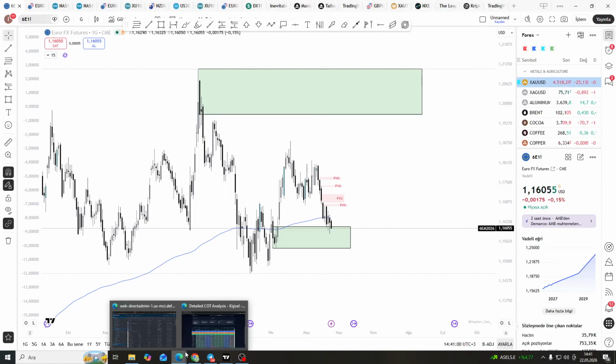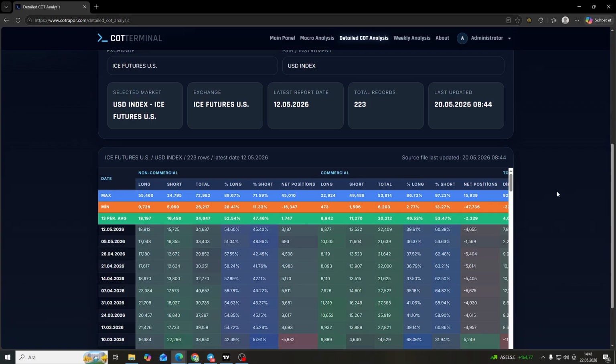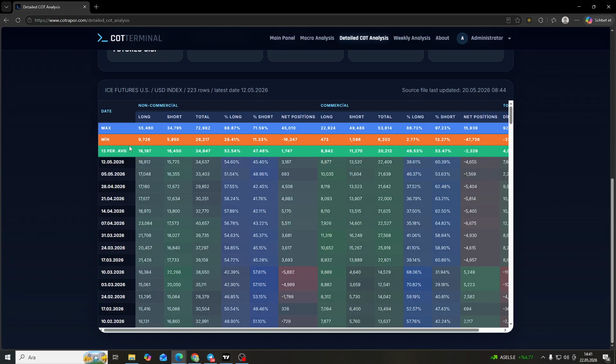So how can we analyze all-time positioning? On the site, we can use two things: max and min contracts and the 13-week average contracts. If we look at non-commercials long at around 55,000 contracts, we can say it will either go to all-time highs on the charts, or it will reverse.